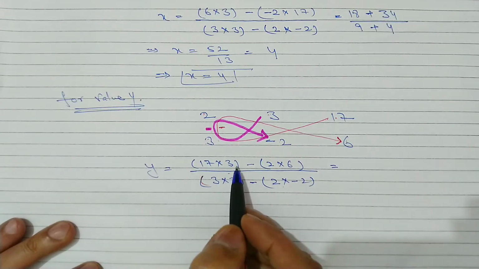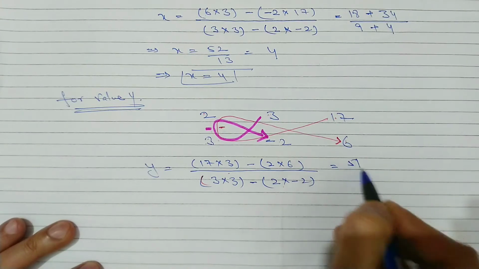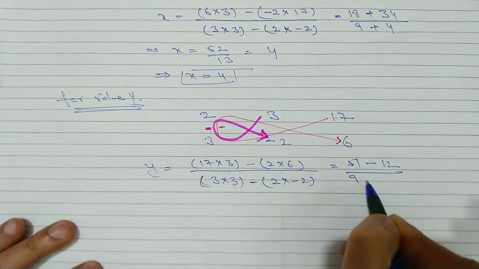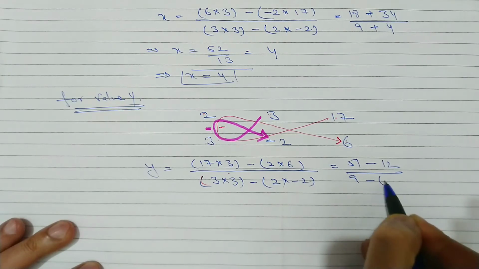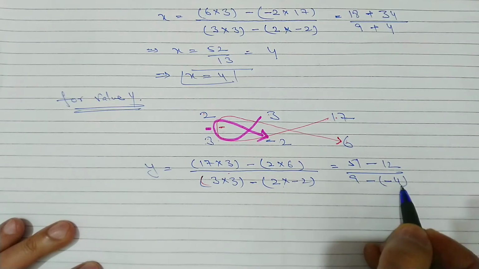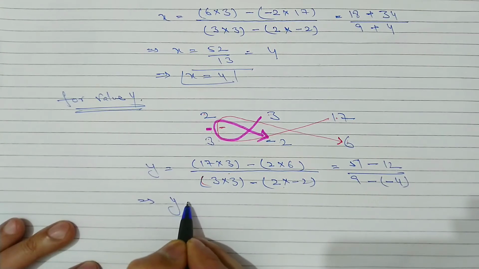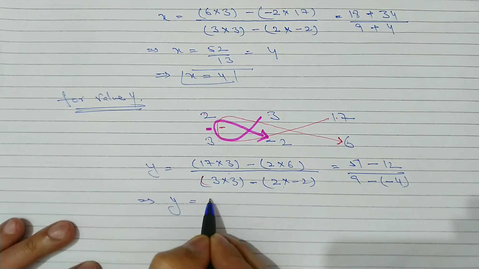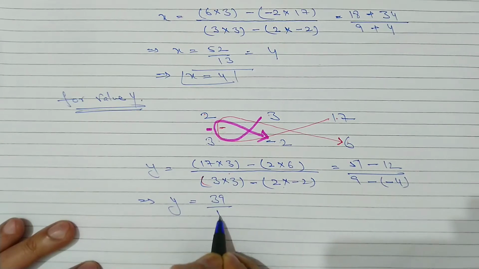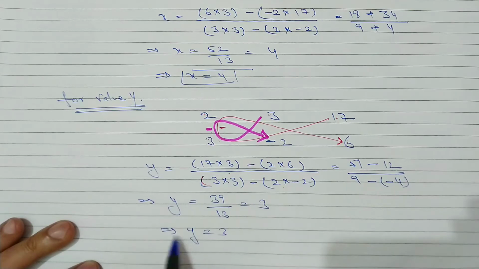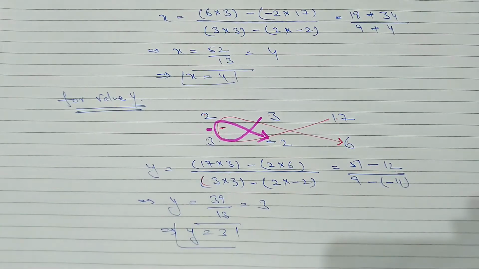We get 17 into 3, 51 minus 12 over 9 minus minus 4, means 9 plus 4, 13, which implies y equals to 39 by 13 equals to 3, which implies y equals to 3.